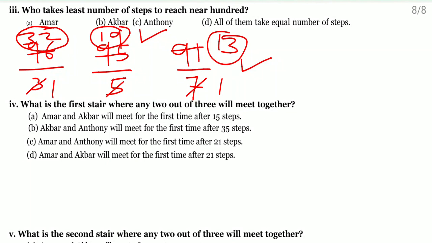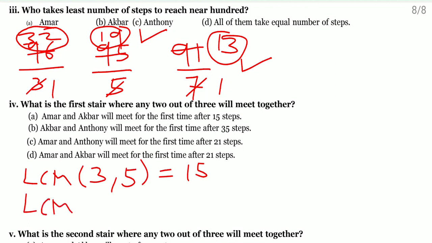Come to the fourth question. What is the first stair where any 2 out of 3 will meet together? See, any 2 out of 3 will meet together. So we'll do LCM of Amar and Akbar. So 3 and 5. LCM comes as 15. So LCM of Akbar and Anthony comes as 35.